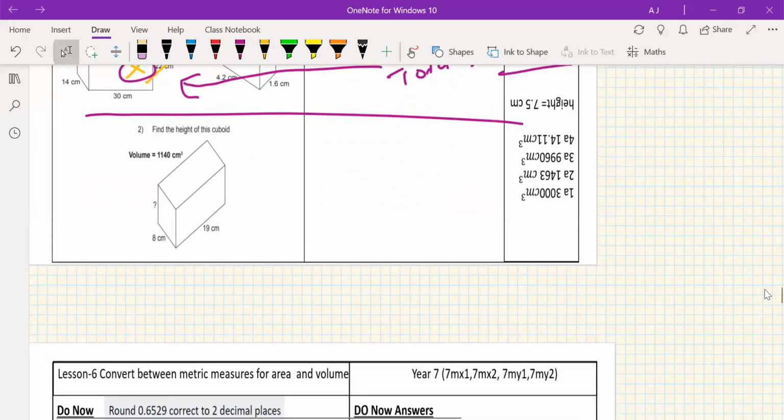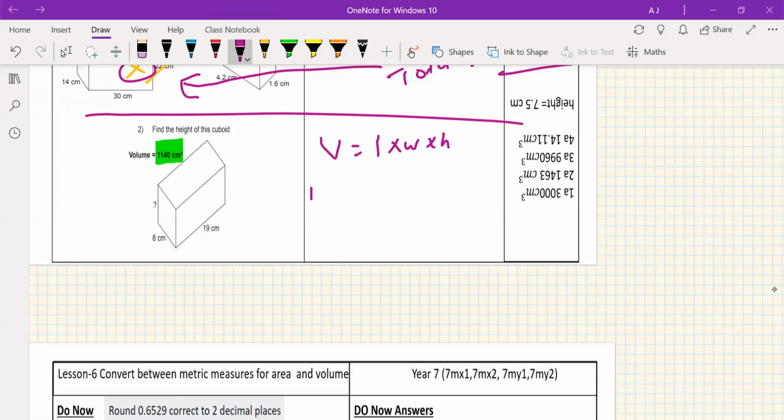We said we need 3 pieces of information to work out. So let me write the formula again. Volume is equal to length times the width times the height. It's okay if you put them in a different order, but you're still going to get the same answer because you're timesing them. And here, volume is given to us as 1,140 centimeters cubed. So let me write that one down here.